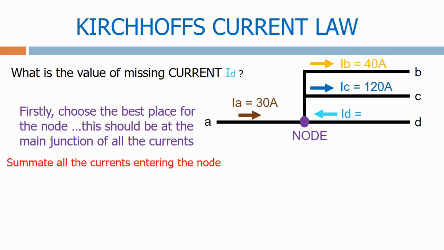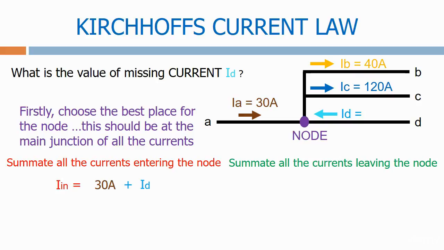Summate all the currents entering the node. I in equals IA, which is 30 amps, plus ID. The next stage is to summate all the currents leaving the node.